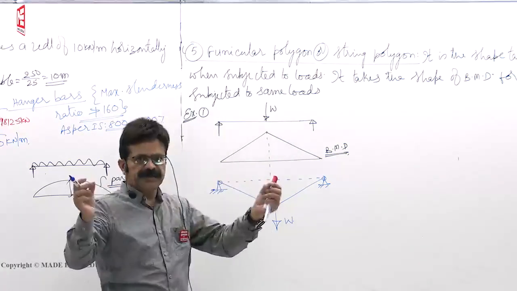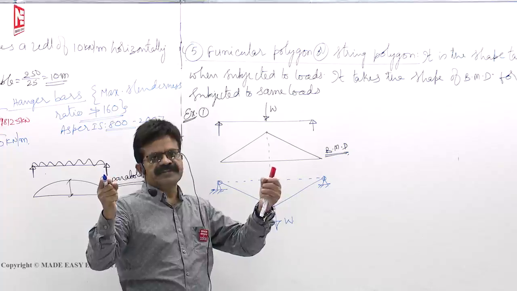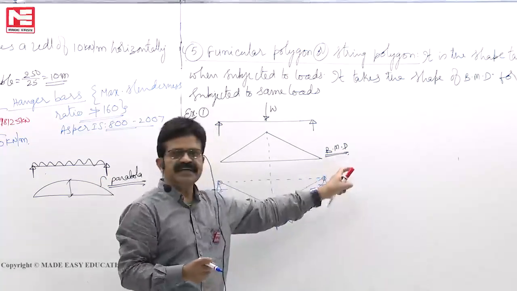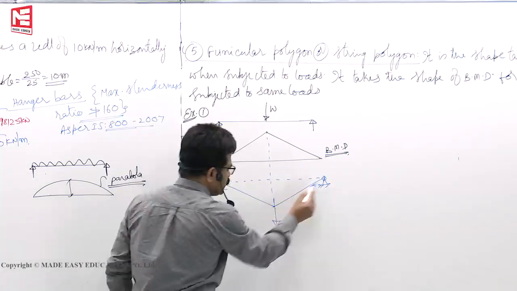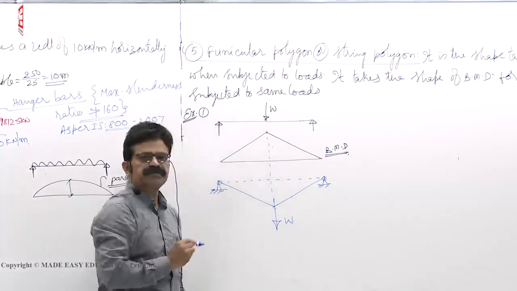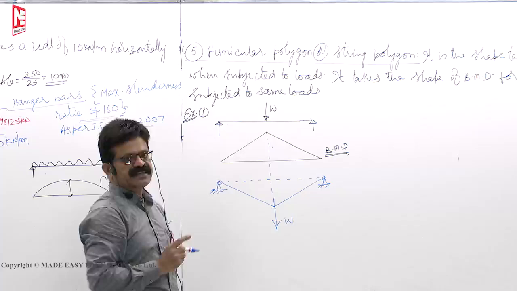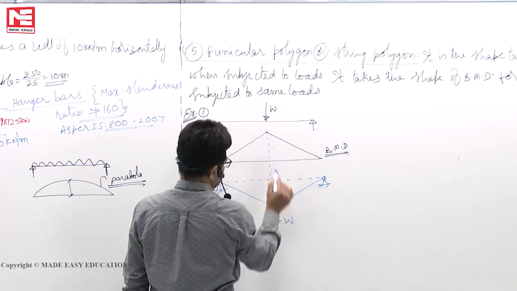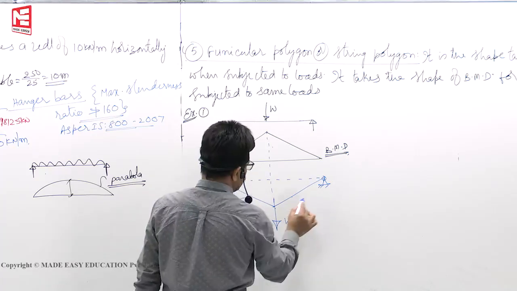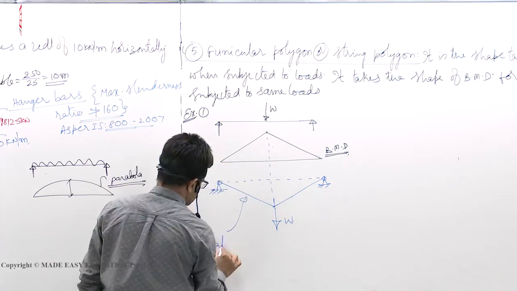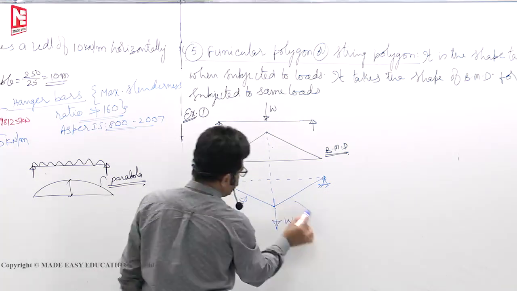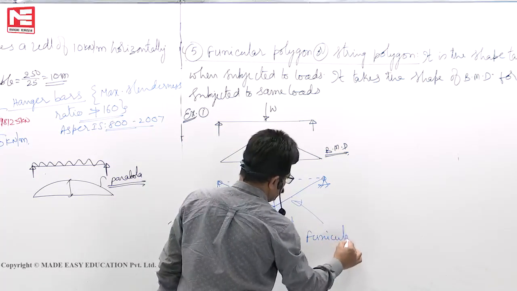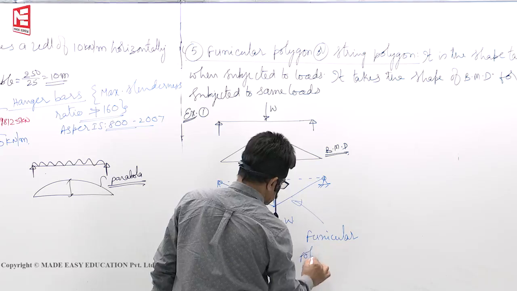If you take a cable with both ends hinged, subjected to a central load, hold it and pull it, the cable will take this shape. This shape is equivalent to the shape of the BMD of an imaginary simply supported beam. That shape taken, we call it a funicular polygon.